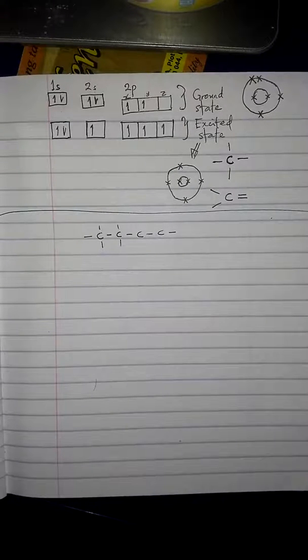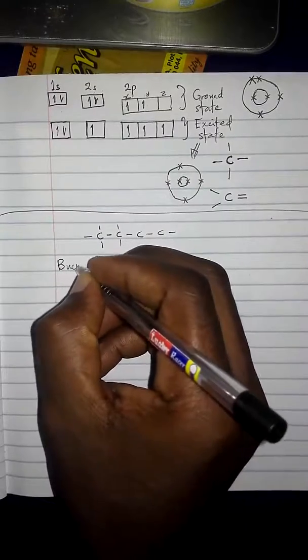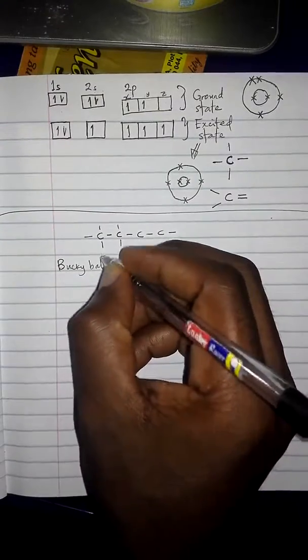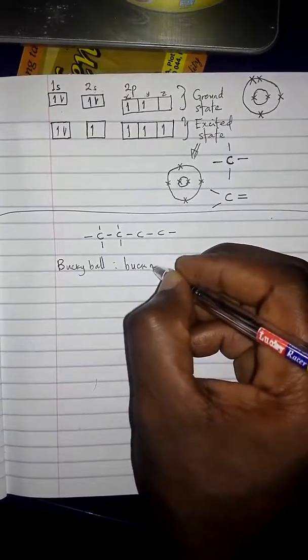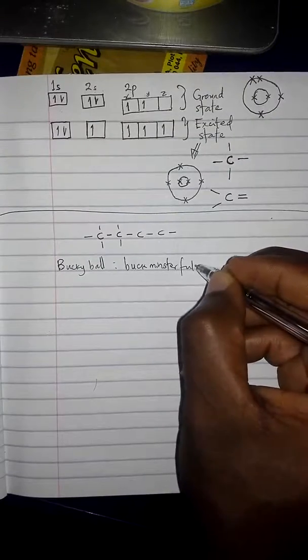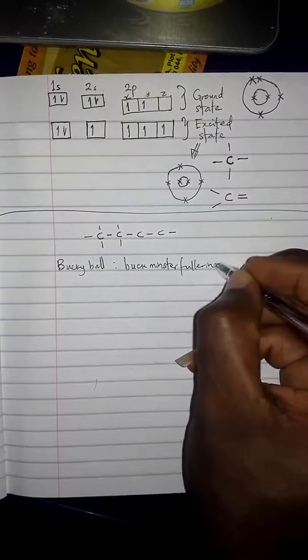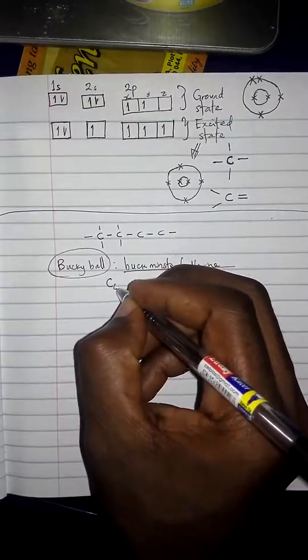An example of this is a compound called Buckyball, or some call it Buckminster Fullerene. I'm not sure this spelling is correct. It's called Buckyball informally, and it is C60.